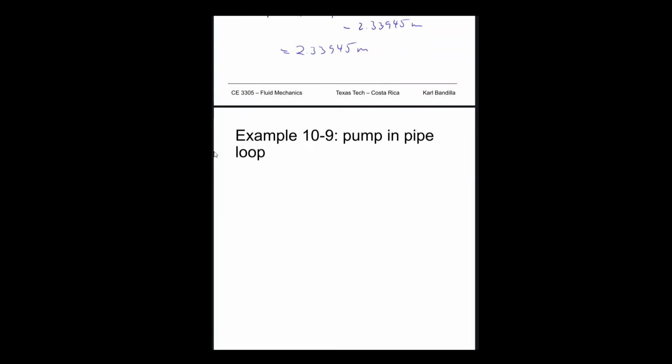Last step we have to do then, we have to find the power of the pump. So W pump is then equal to rho times g times Q, now B, right, has to be the flow there, times H pump.